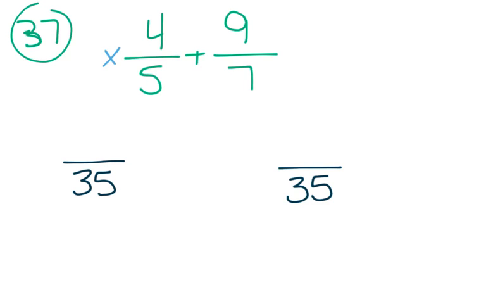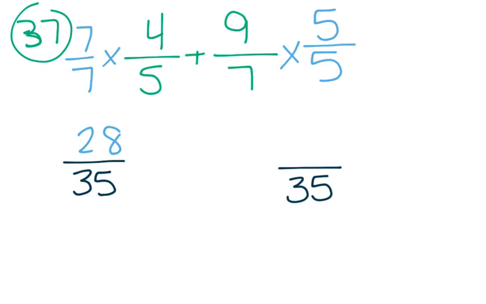So we multiplied by 7 here, we need to multiply by 7 on the top. We multiplied by 5 for here. 4 times 7 gives you 28. 9 times 5 gives you 45. Your denominator does not change. It stays as 35. 28 plus 45 gives you 73.